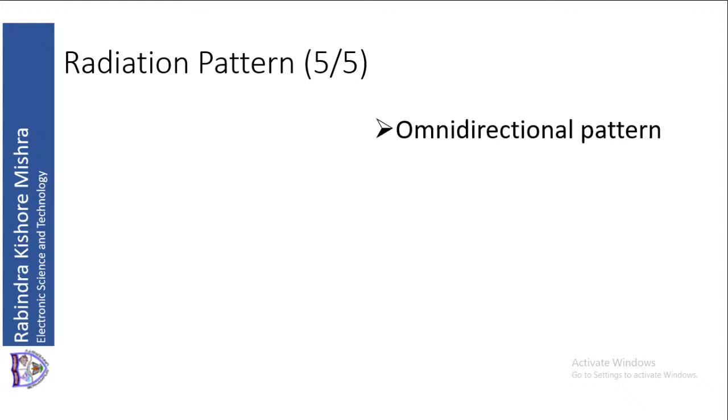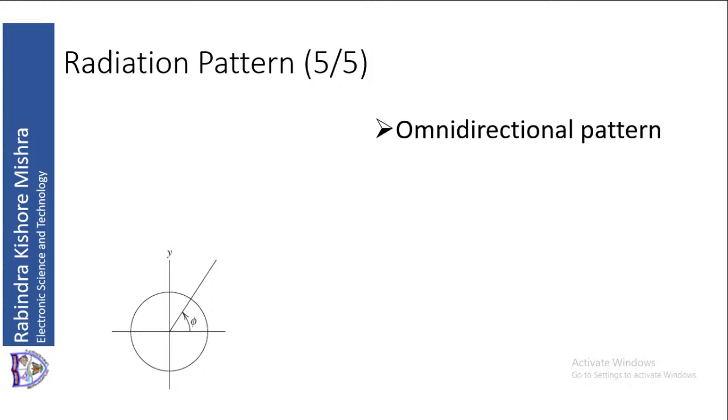Then we will come to the omnidirectional patterns. In the omnidirectional pattern, the pattern is usually in the azimuth direction, and in one plane, the radiation intensity remains constant at a fixed distance from the antenna in the far field zone.